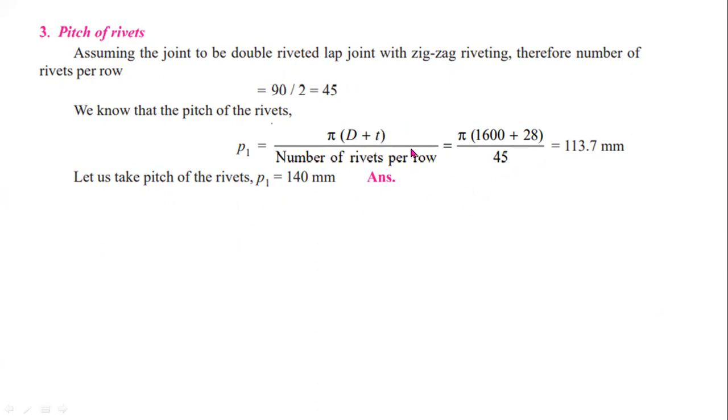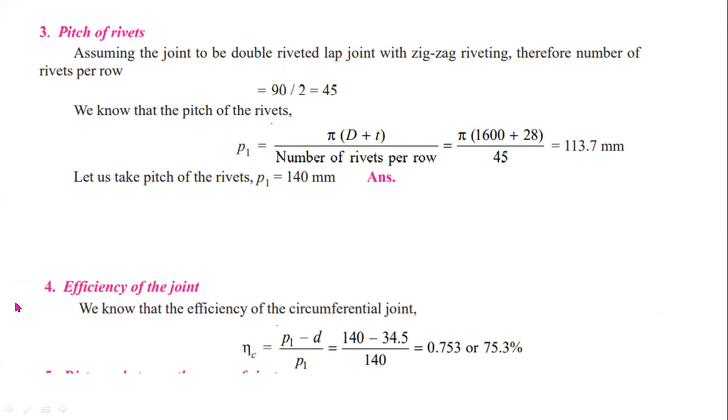From this formula, you can get the value of the pitch of rivets, that is the distance between two successive rivets. From the standard table, you have to select the standard pitch as 140 mm.